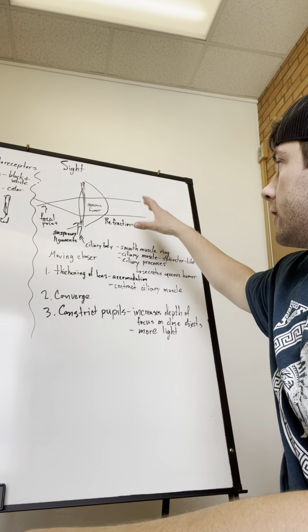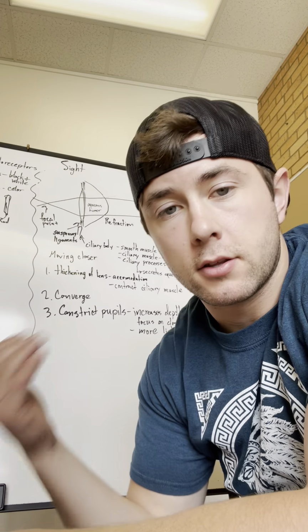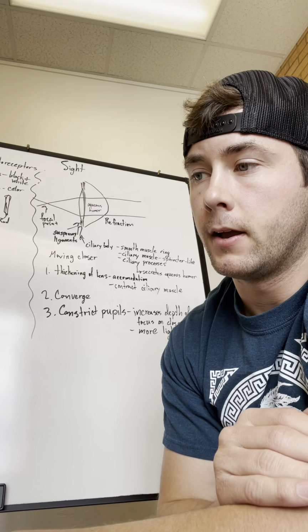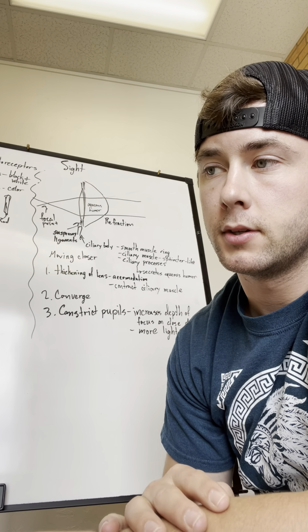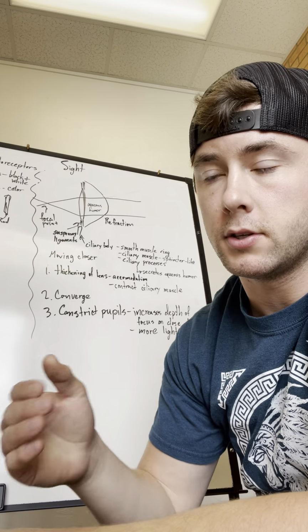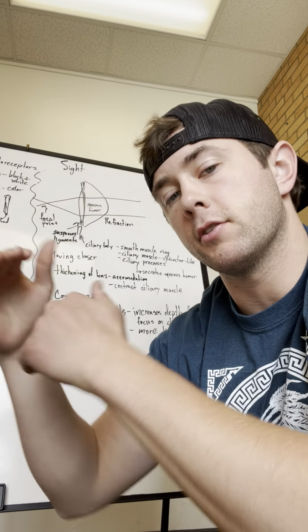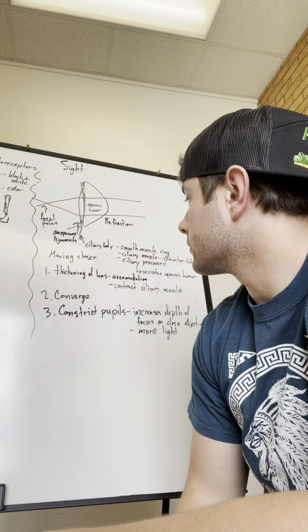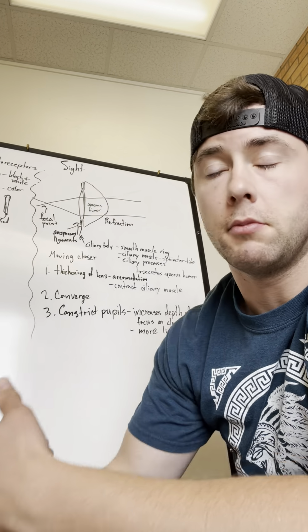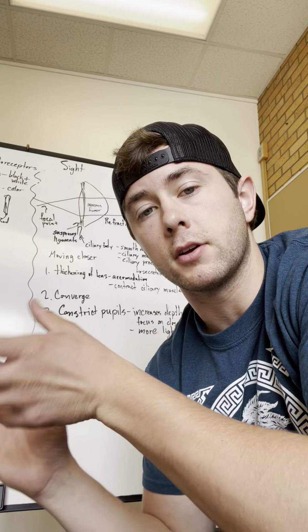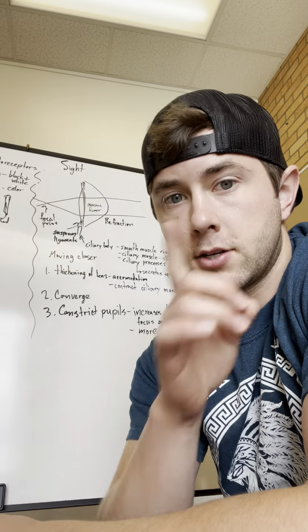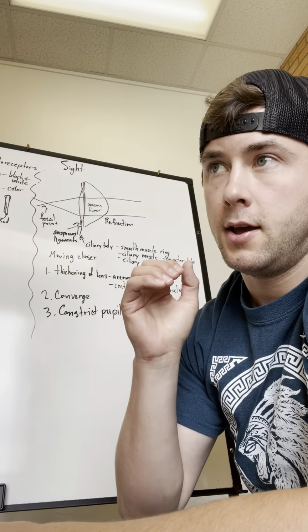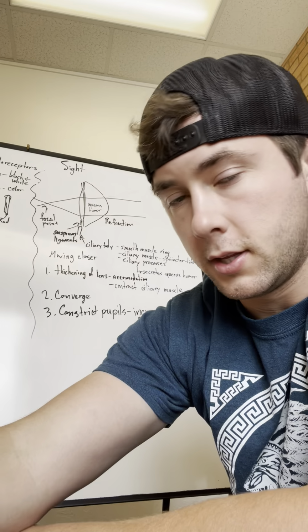So essentially, that's how we focus light onto the back of our retina. It's all dependent upon refraction of light and how your lens will adjust it. And there are also other ways, depending on the amount of light, that your eye will accommodate so you can see things up close, or the opposite, so you can see things far away.